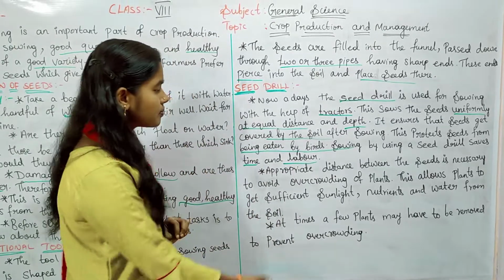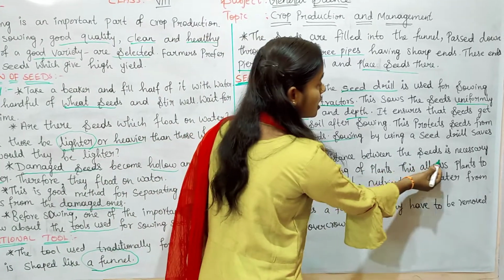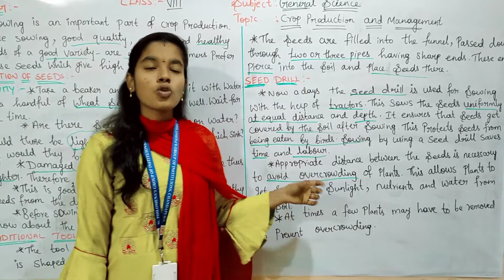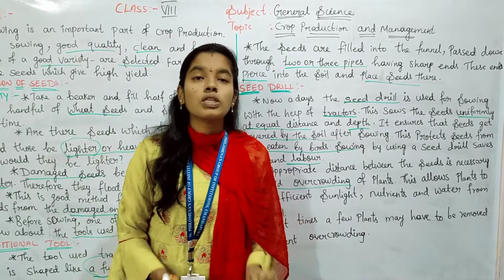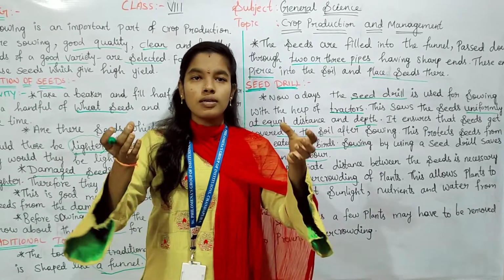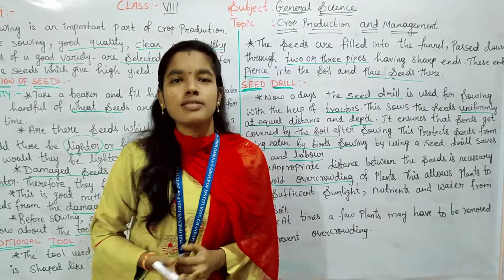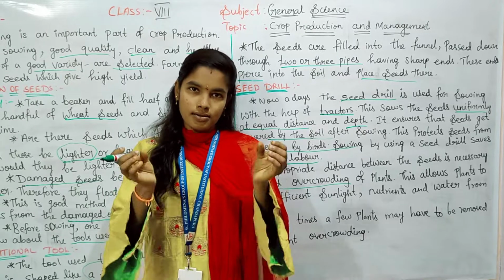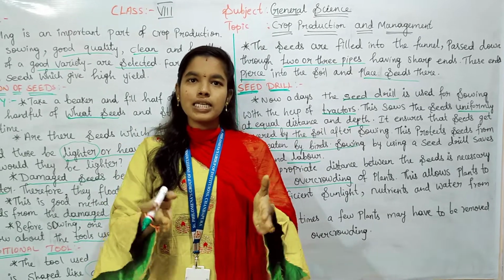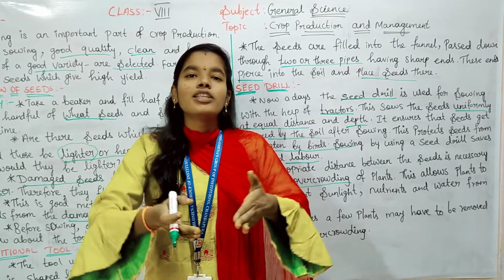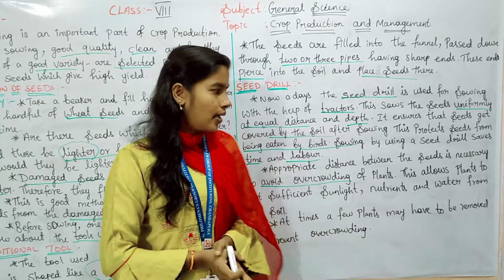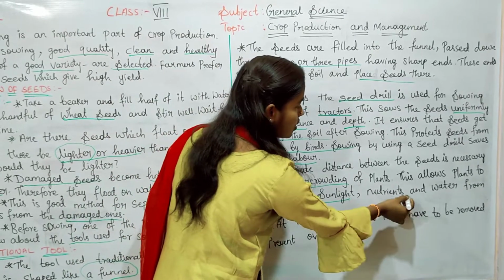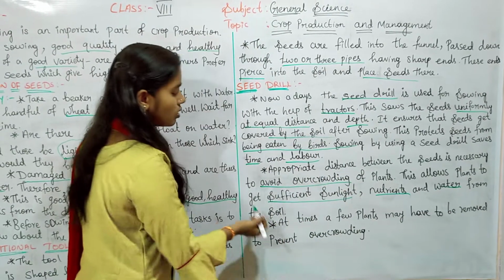Appropriate distance between the seeds is necessary to avoid overcrowding of the plants. It is very important that seeds be placed at an appropriate distance. This allows plants to get sufficient sunlight, nutrition and water from the soil.